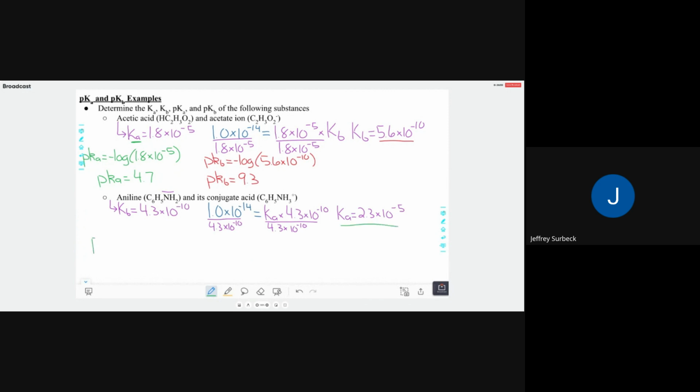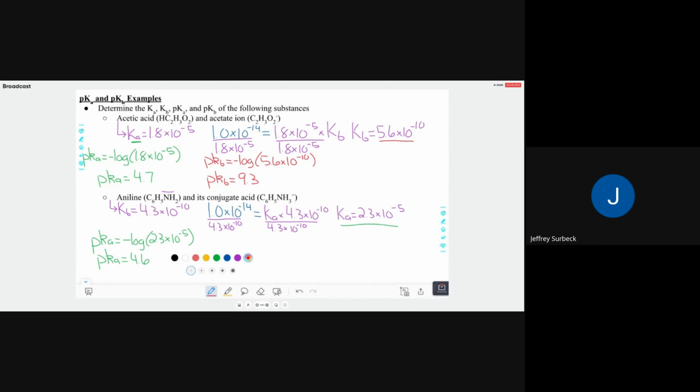Our pKa is equal to the negative log of this value we just took the time to find, 2.3 times 10 to the negative 5th. I press enter, rounding to two decimals, and I get a pKa of 4.6.